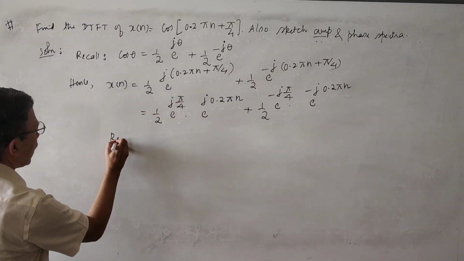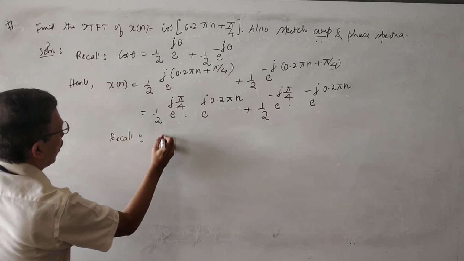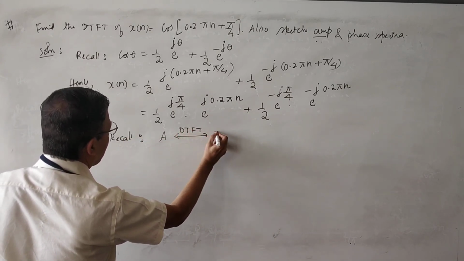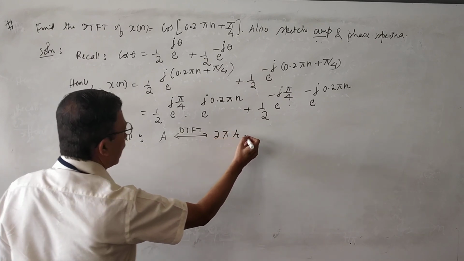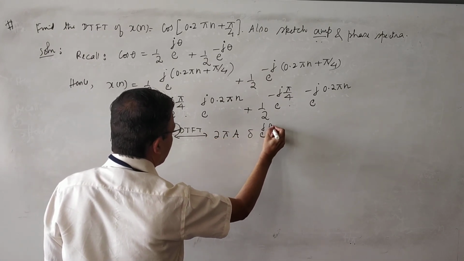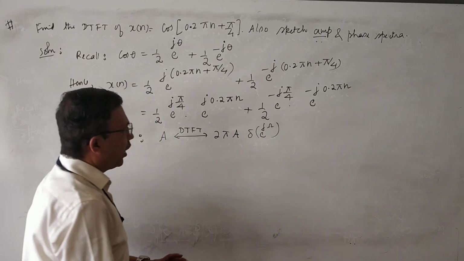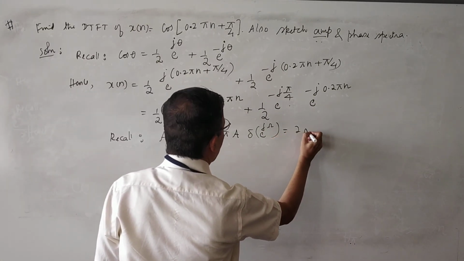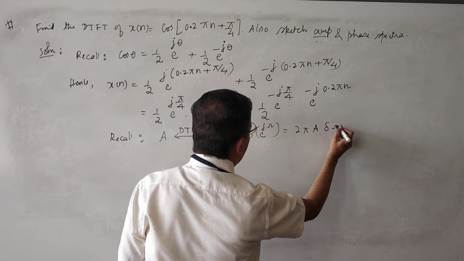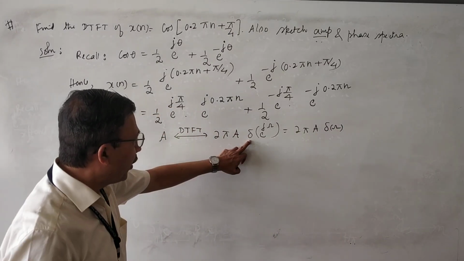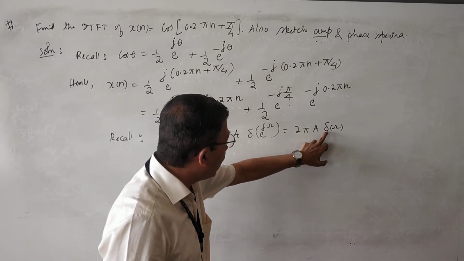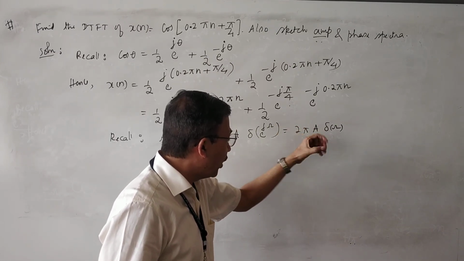Recall, a constant a has a discrete time Fourier transform 2 pi a into delta of e power j omega. For the sake of convenience, delta of e power j omega I will replace by delta of omega. This form is very crucial to get the location.